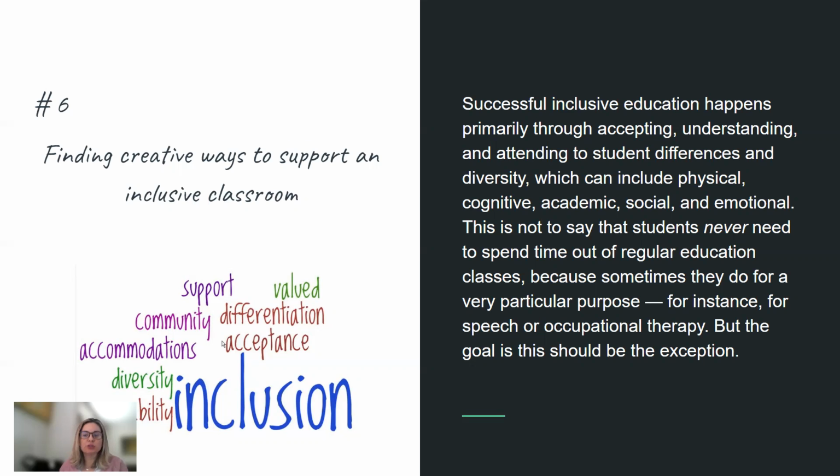Successful inclusive education happens primarily through accepting, understanding, and attending to students' differences and diversity, which can include physical, cognitive, academic, social, and emotional.